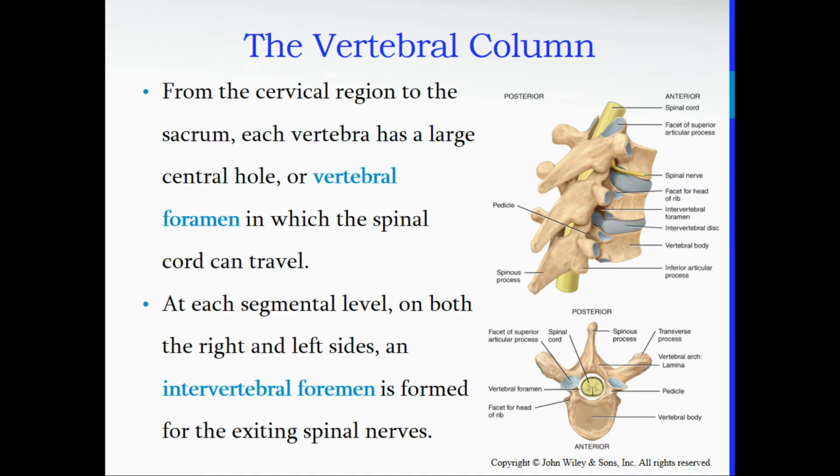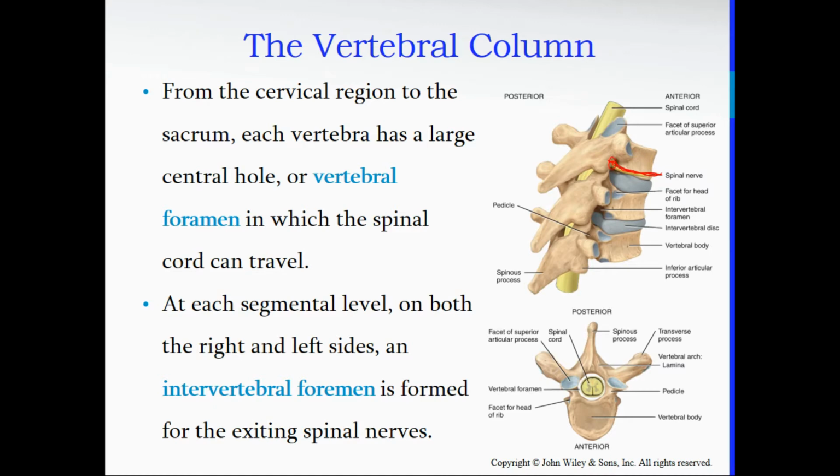At each segmental level on both the right and left sides, an intervertebral foramen is formed for the exiting of spinal nerves. So here you can see there's a gap here on the side, and we have a spinal nerve that comes off to begin the branching network of the millions and millions of nerves that run through your body.